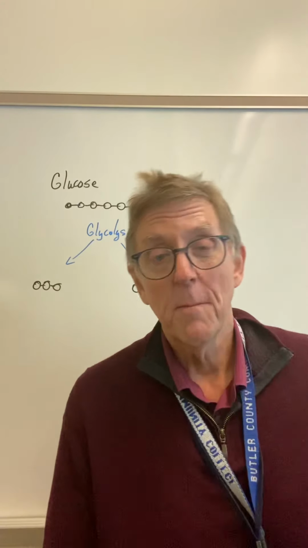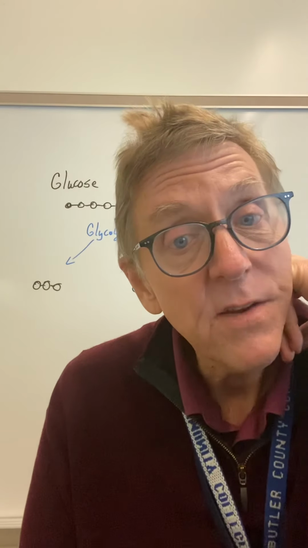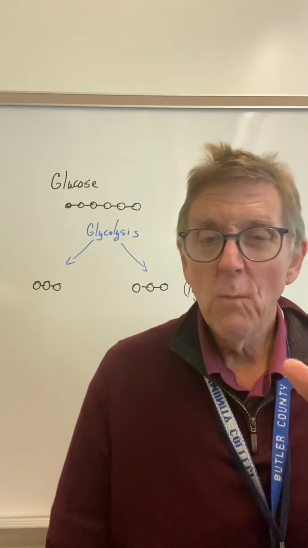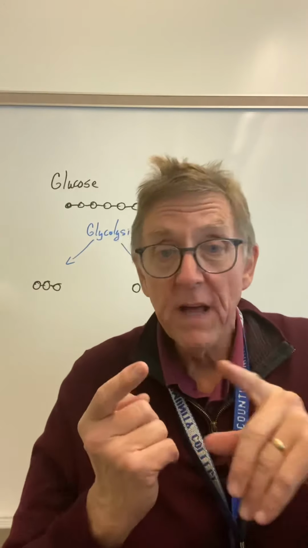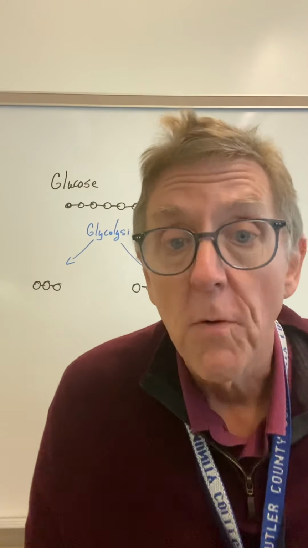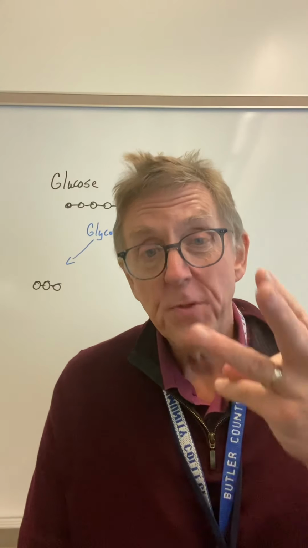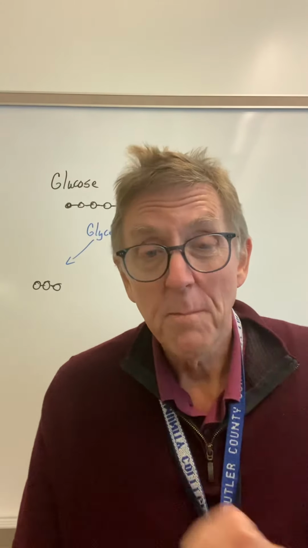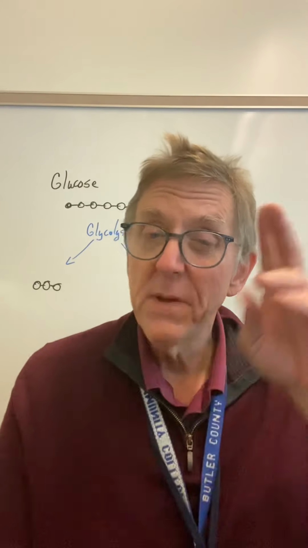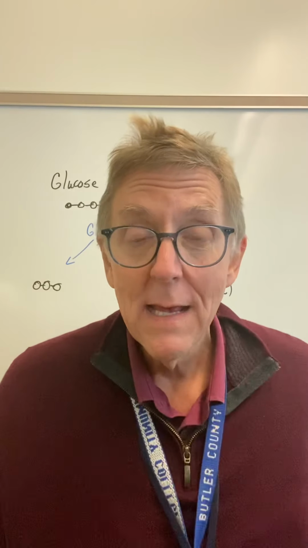What is glucose? It is a 6-carbon molecule. And we had said, when we talk about this process of cellular respiration, that it consists of 3 major steps. And you need to know where they happen and what happens and how much energy is extracted.